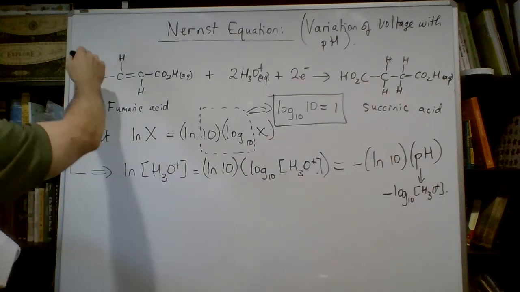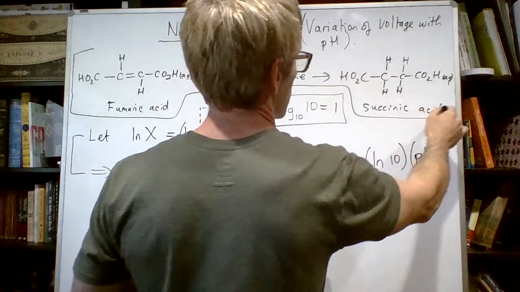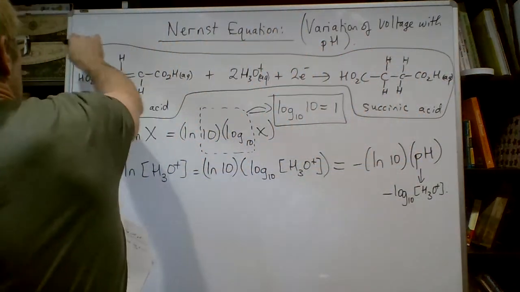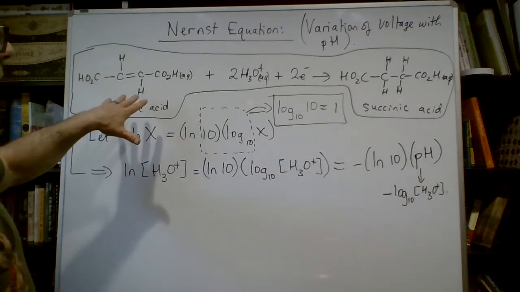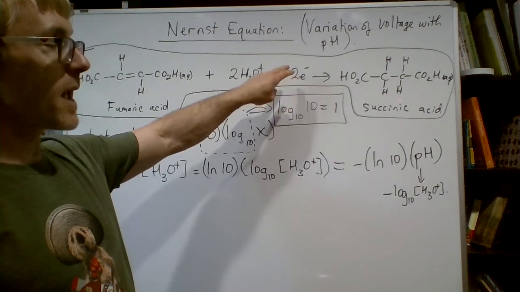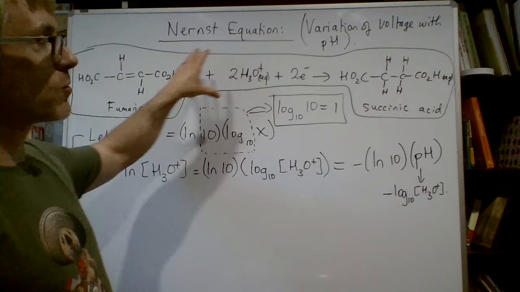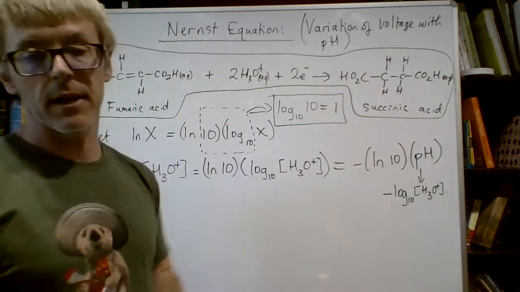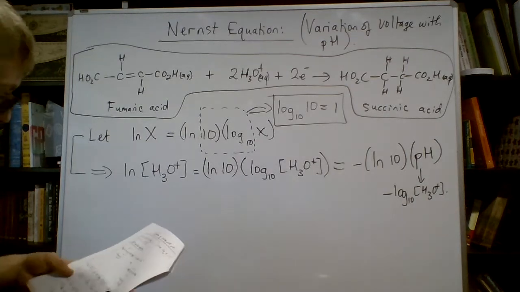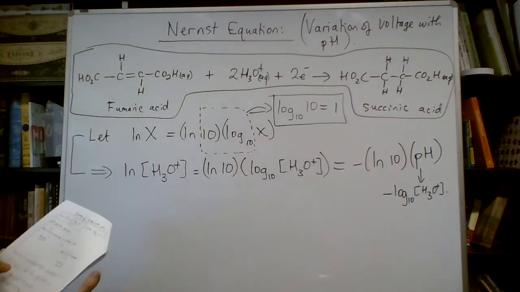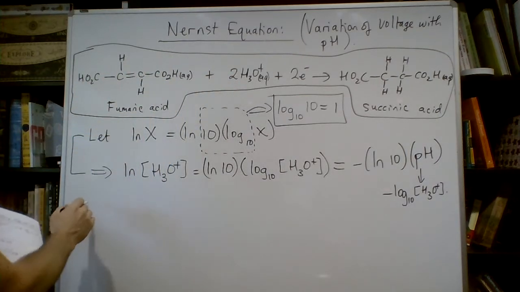If we look back at our initial equation, which is part of the Krebs cycle, we've got fumaric acid, we have electrons as reactants, so that must be a reduction reaction. So this fumaric acid is being reduced, we're adding hydrogen to make succinic acid. Essentially, the only thing that's really important in dynamic equilibrium, we'll assume, is the protons themselves, or the hydronium ions.